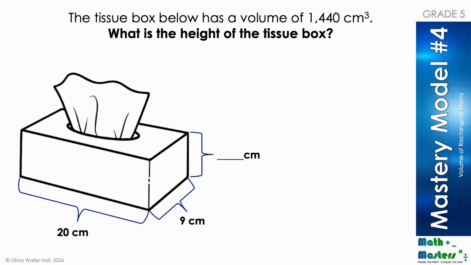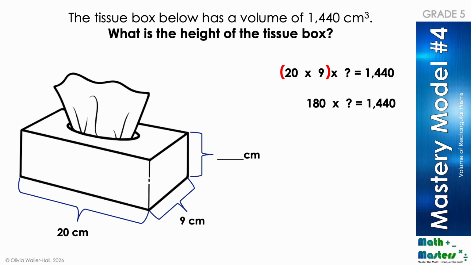So let's set up our equation. 20 times 9 times some number gives us a volume of 1,440 cubic centimeters. First, let's multiply 20 times 9. 20 times 9 is 180.